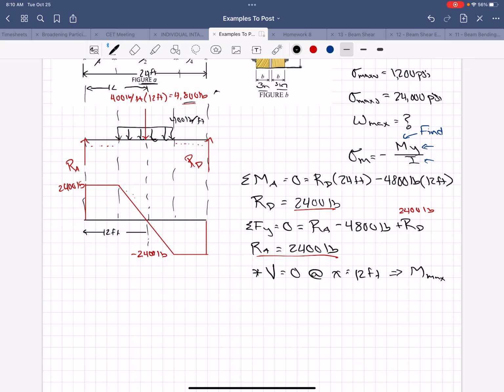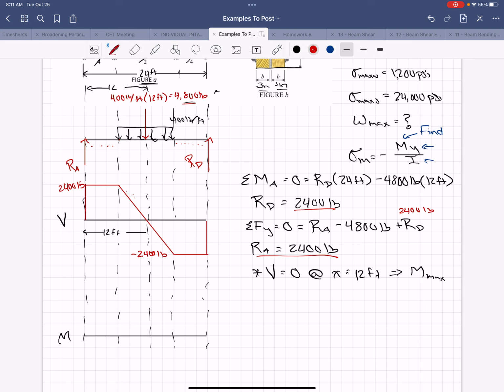So now we can draw the moment diagram. This is the shear diagram. Continue our lines down. This is where the max will be. Okay, and so now we have M.